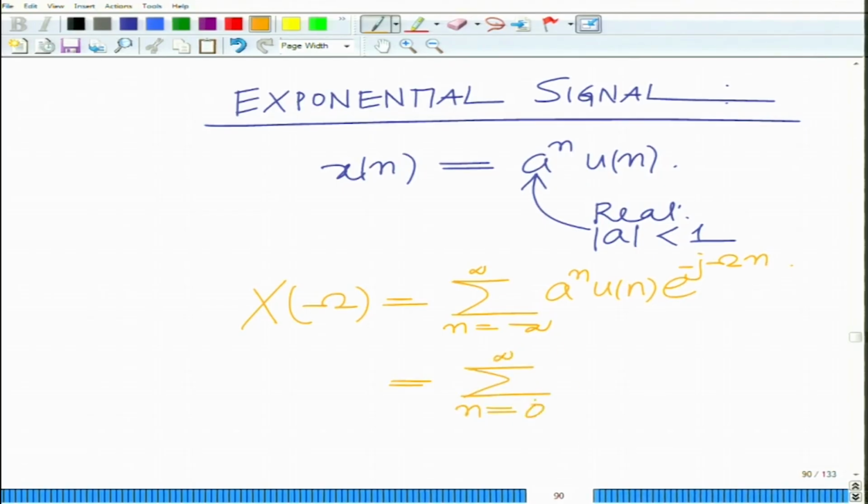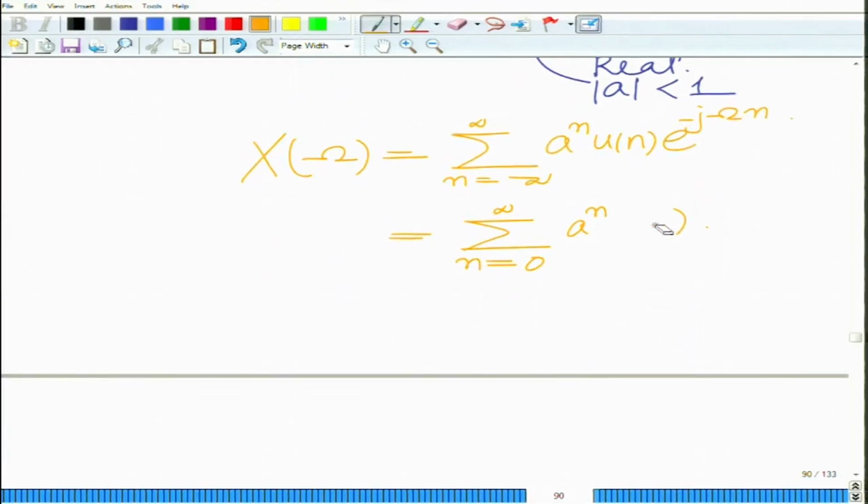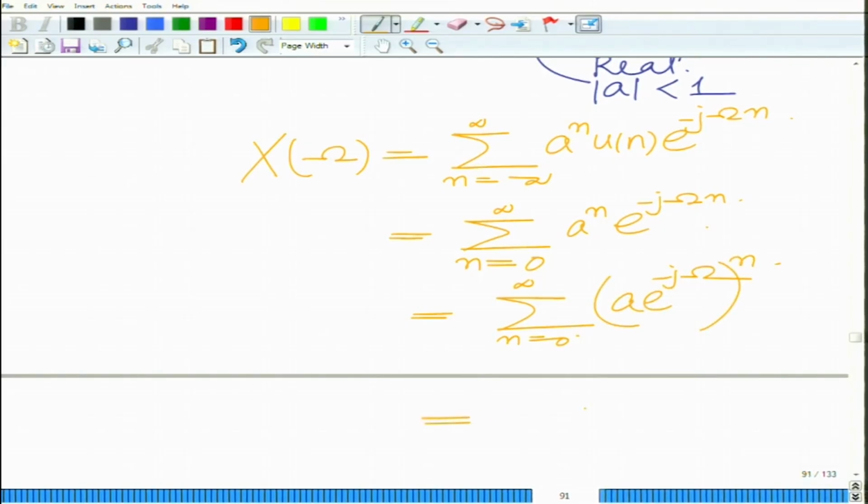This simply reduces to the sum n equals 0 to infinity a to the n e raised to minus j omega n, which is 1 over 1 minus a e raised to minus j omega.